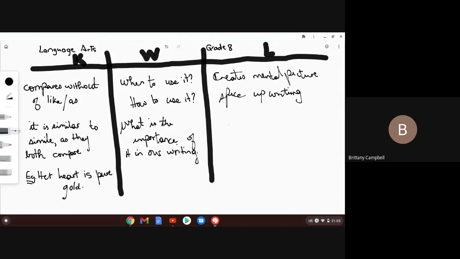Yes, it does. So it can aid understanding, that is. All right, awesome. Anything else?